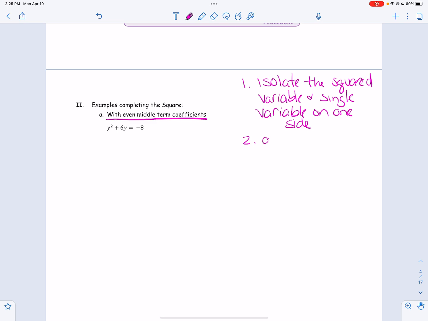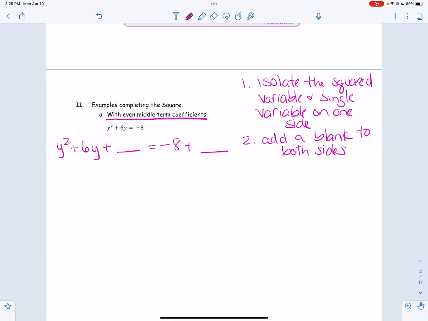Then you're going to add a blank to both sides. So we have y squared plus 6y plus blank equals -8 plus blank. And you're always going to be adding a blank.